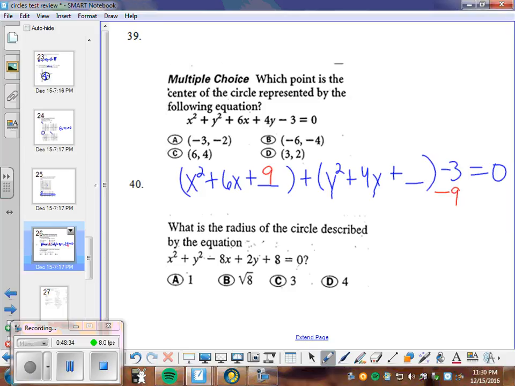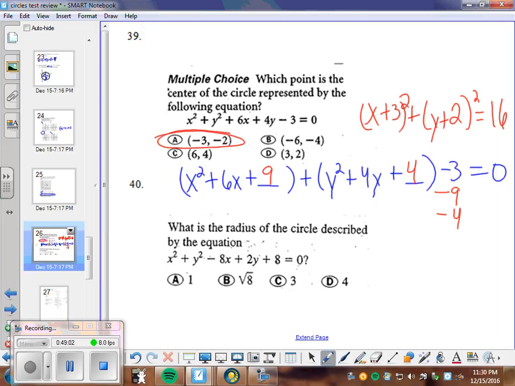Half of 4 is 2, 2 squared is 4, subtract 4. So -16, so you're going to have x plus 3 squared plus y plus 2 squared equals 16. So it wants to know which point is the center of the circle. So it would be -3, -2. Because remember, it's opposite.